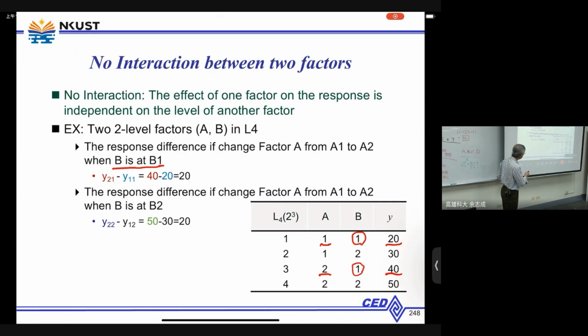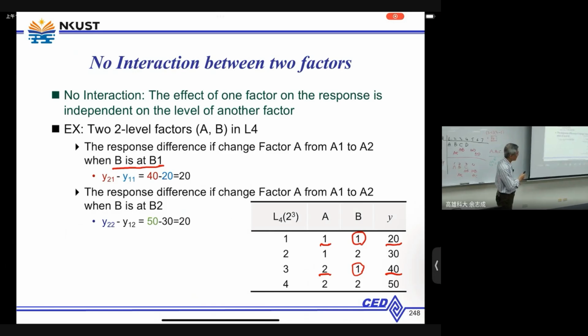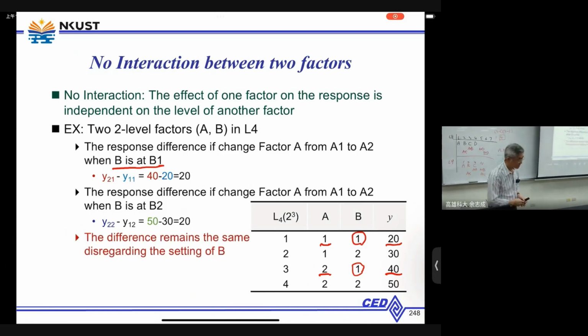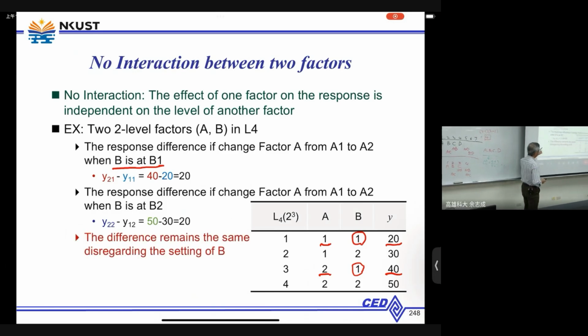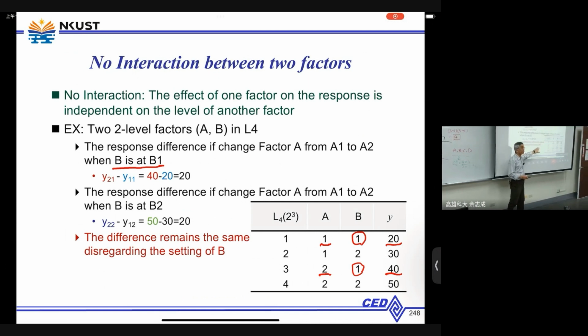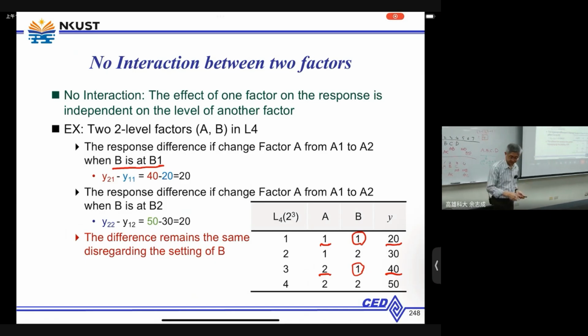And you will find out that this 20 is the same as the other one when B is in B1. Therefore, the conclusion is the difference will be the same, no matter B is in level 1 or level 2. The influence of A on the output will be the same. Therefore, we can see A and B are independent. There is no interaction if the differences are the same.